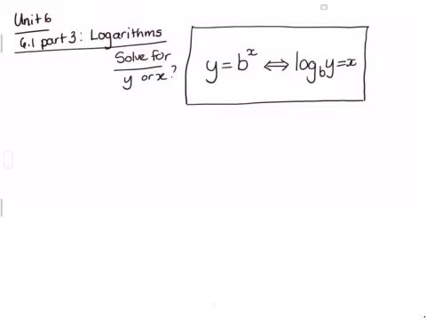I'm going to show you a little rhyme, but I'll do it on the hand of an example. If I have log base 3 of 81 equals 4, and this if and only if just means you can go in both ways with this rule.